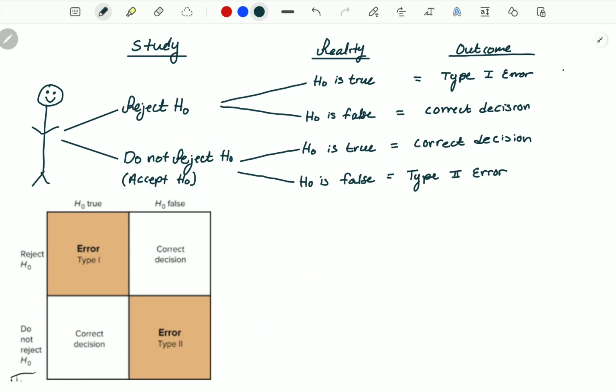That is a correct decision. But when you do not reject the null hypothesis and the null is false, that is a type 2 error because you are accepting false information. Accepting false information, type 2 error.